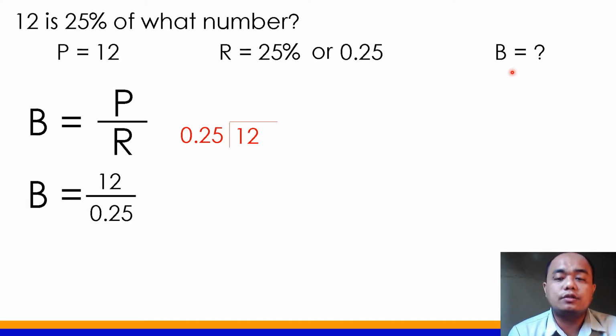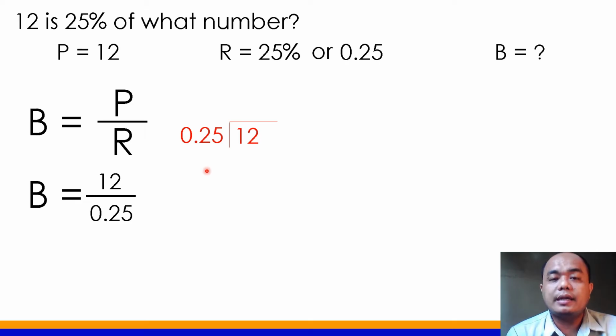Now, can we proceed to our solution using this given data here, class? Yung divisor natin is decimal and our dividend here is whole number. No, we cannot proceed to our solution because our divisor here is decimal. Now, when we manually compute division, class, we have to make sure that our divisor is whole number.